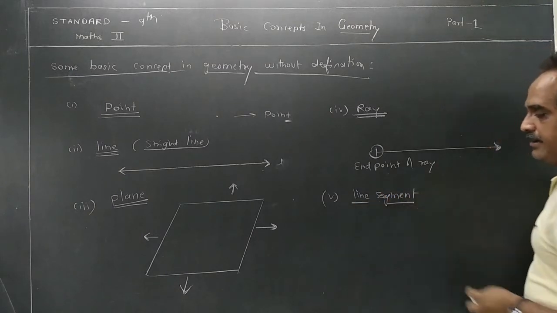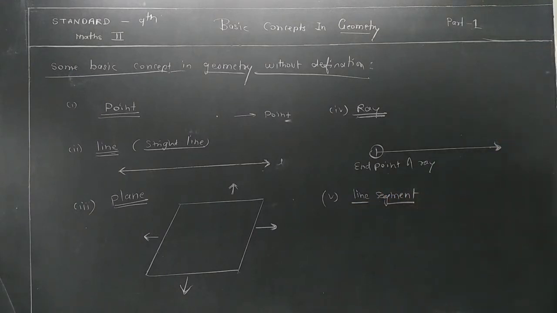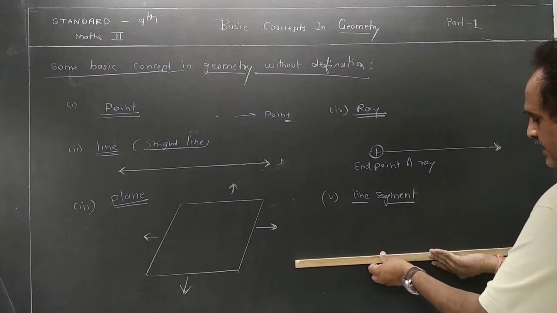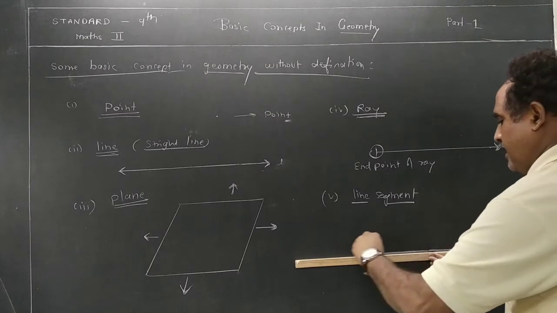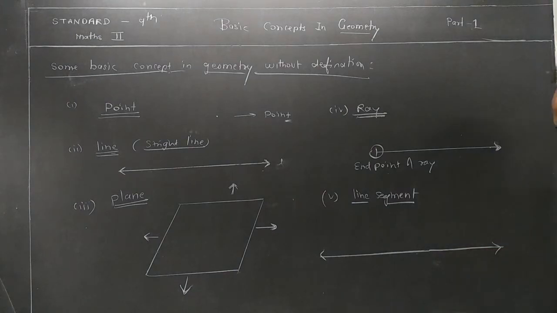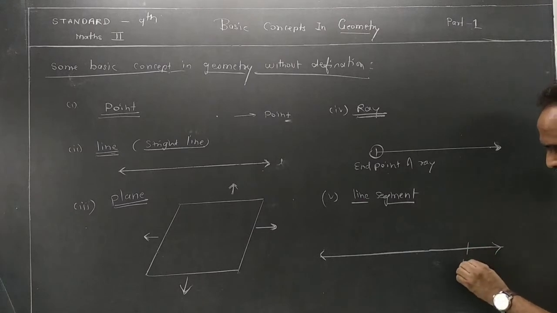Line segment. Again, the thing is, this is a line. I will draw it once again. This is a line, and this is the road. This is Mumbai. Is it right?